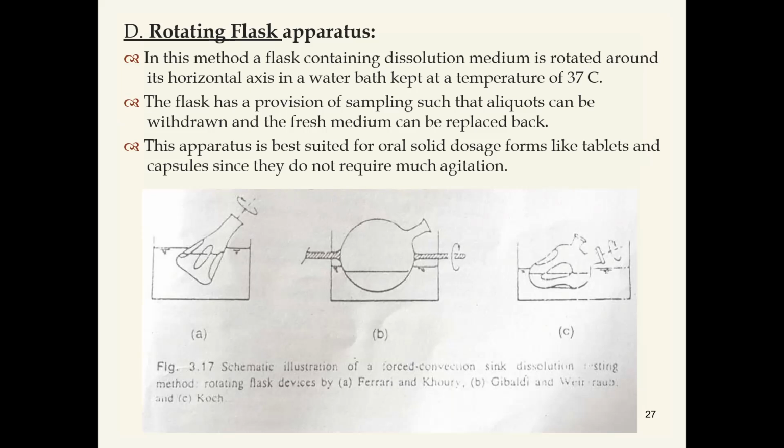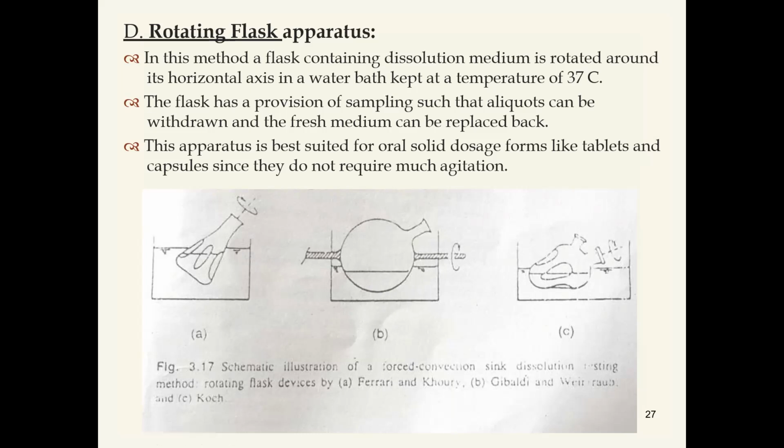The dissolution medium is rotated under a horizontal axis in the water bath, kept at 37 degrees centigrade. The flask has a provision for collection of samples, and after that we replace it with fresh medium.